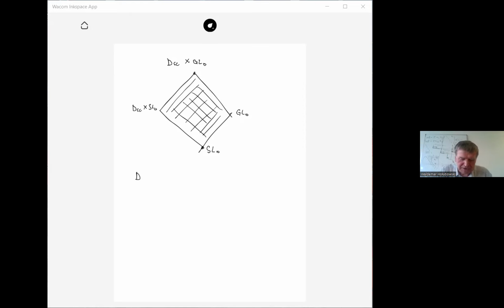The group of scalar matrices is isomorphic to K star, and so the quotient here is isomorphic to K star. So here we have in fact a thin line of many normal subgroups of the general linear group of column-finite matrices which contain SL0. And a similar situation is here.